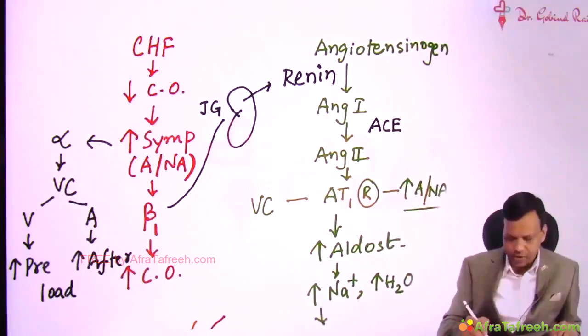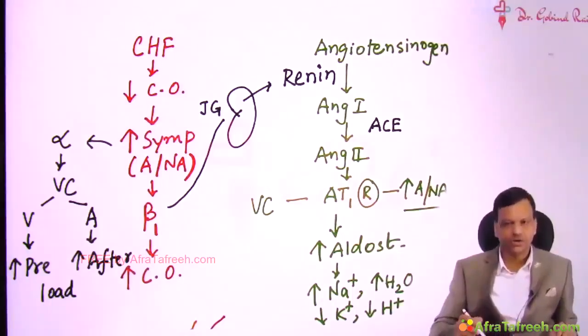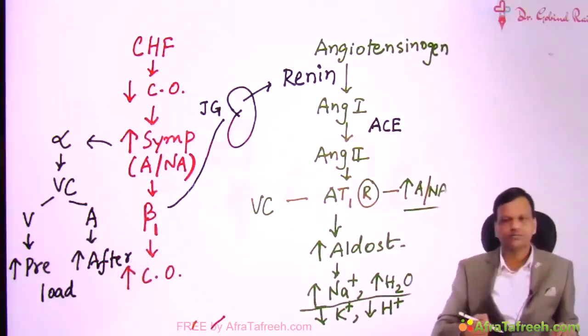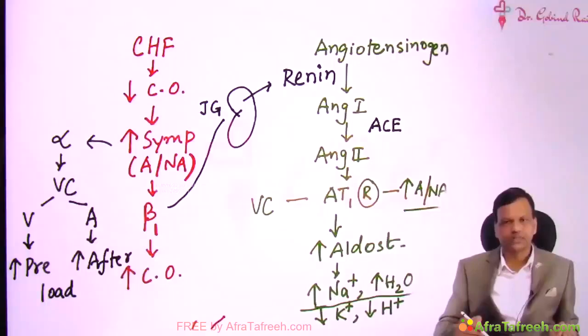Simultaneously, aldosterone also causes removal of potassium and hydrogen. So when the sympathetic system remains active for long periods, there is increase in aldosterone and that causes sodium and water retention. And when sodium and water is retained, that will lead to edema again. So another problem apart from increase in work is edema.